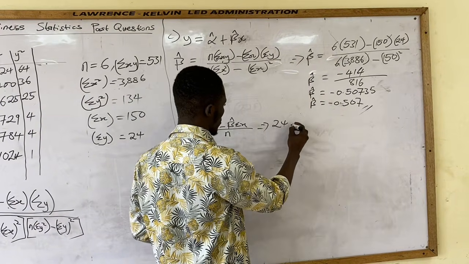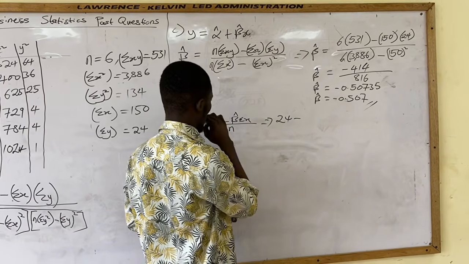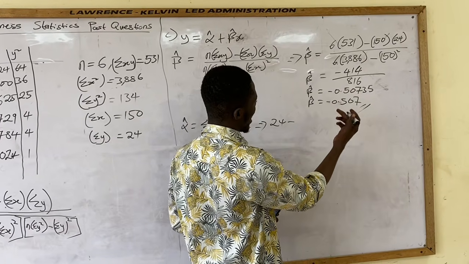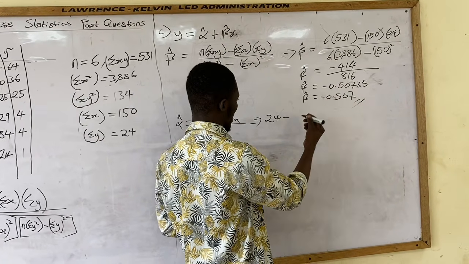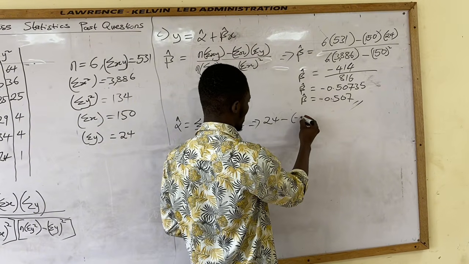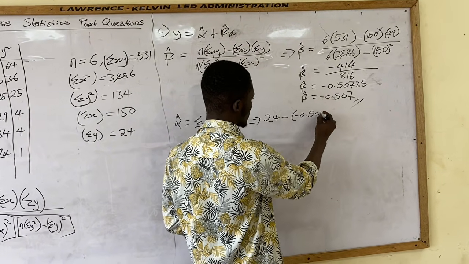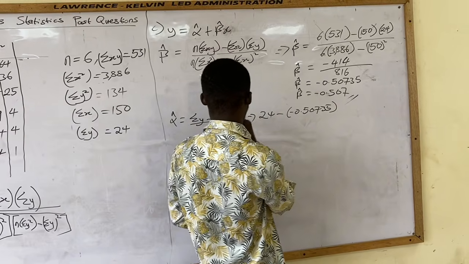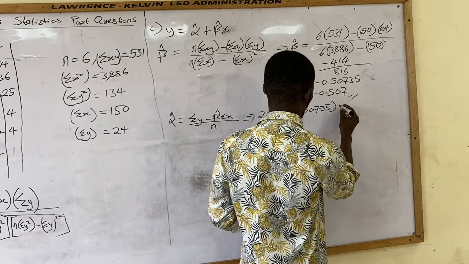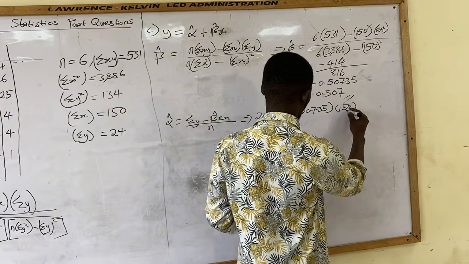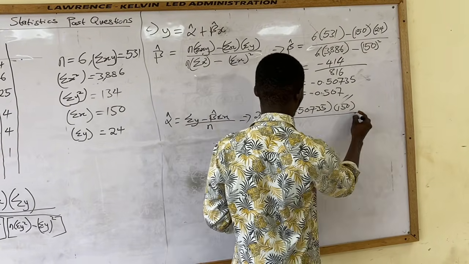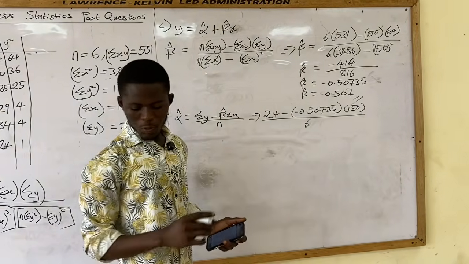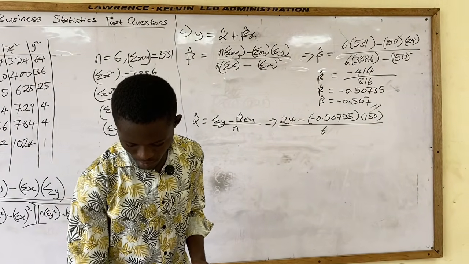So 24 minus our beta hat, which is negative 0.50735, multiplied by our sigma x, 150. Now all divided by n. Our n is 6. Now let's put this on the calculator.